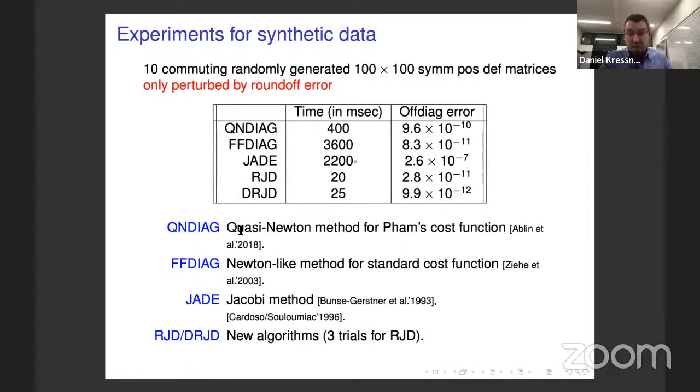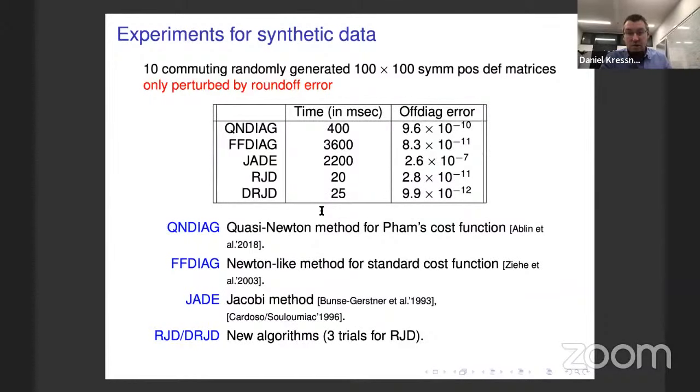There is a quite efficient quasi-Newton method by Upton et al. from 2018, which performs quite well, gets a larger off-diagonal error in this case, and is also slower than our methods. But you will see this picture will change a bit. So for this setting, our method is obviously the best. It's a factor 20 times faster than the best competitor.